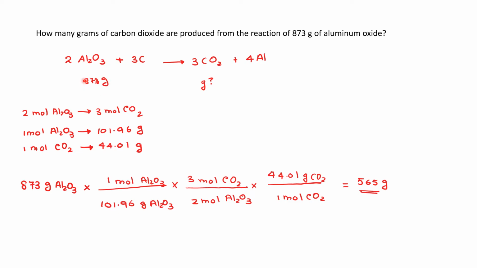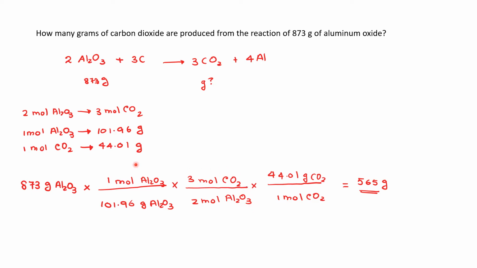So we start with 873 grams of aluminum oxide and we are going to convert it to the number of moles using the molar mass of aluminum oxide. We know 1 mole of aluminum oxide weighs 101.96 grams.